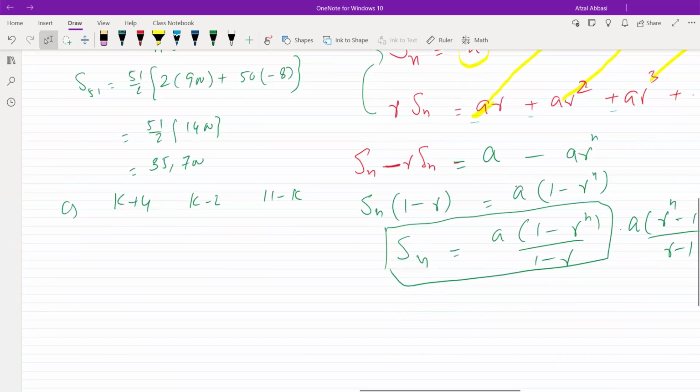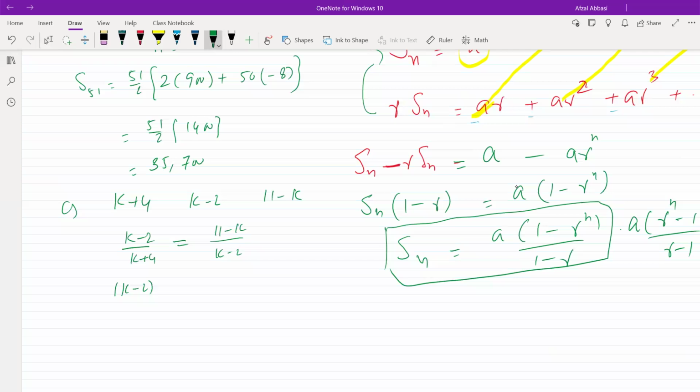In this type of question, because it is a geometric sequence and the first three terms are given, the common ratio between any two consecutive terms must be the same. For the first two terms, the common ratio will be the second term divided by the first term. Similarly, the third term divided by the second term should also give us the same common ratio. So 11 minus k divided by k minus 2 must be the same as the first ratio. So we will write it like this, and then we cross multiply and we get the required equation.